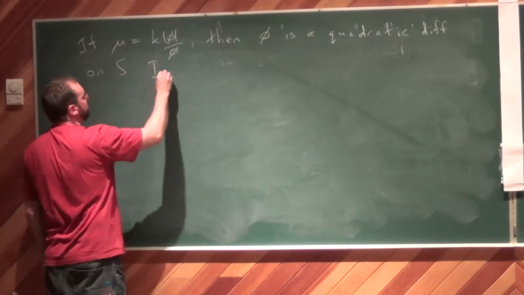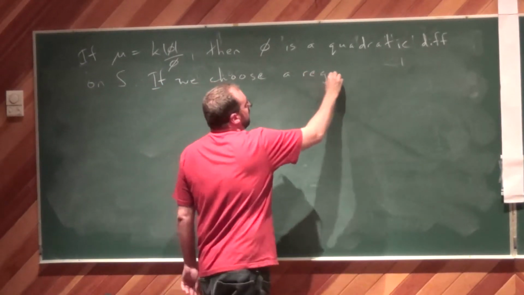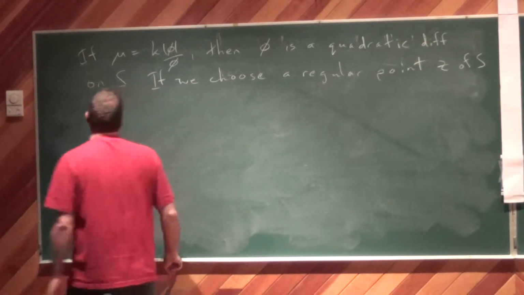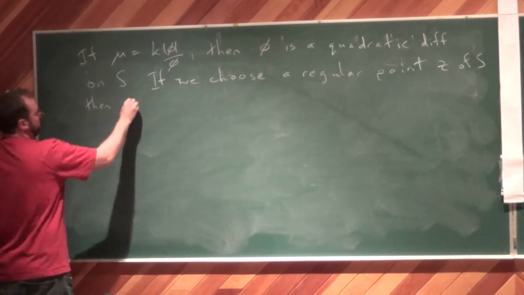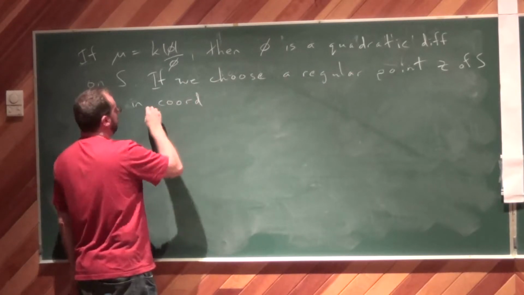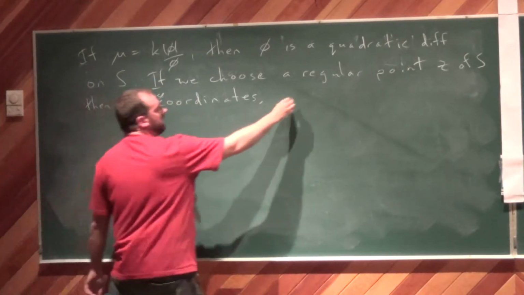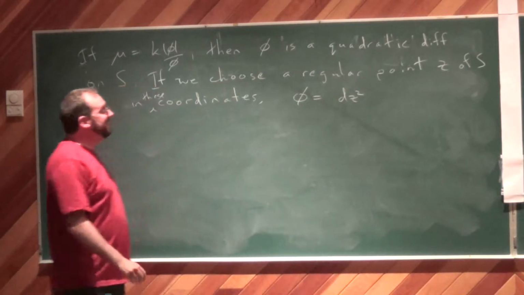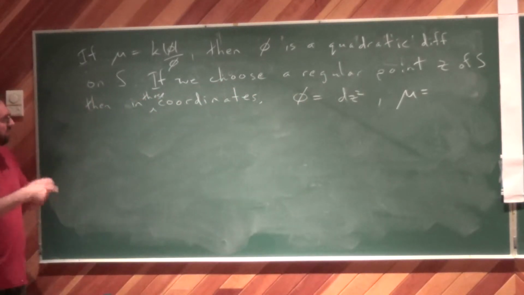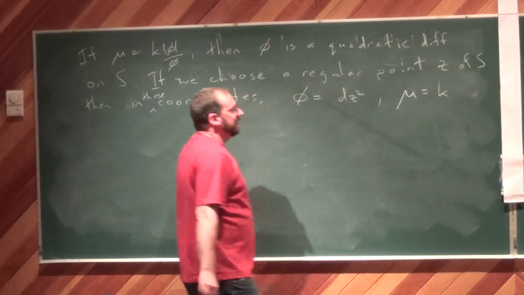If we choose a natural parameter at a regular point, let's call it z of s, then in these coordinates phi just looks like dz squared, and mu just looks like 1 divided by 1, so mu is just a little k.